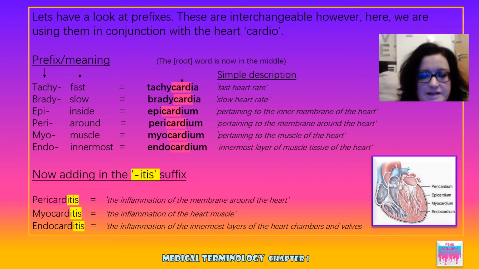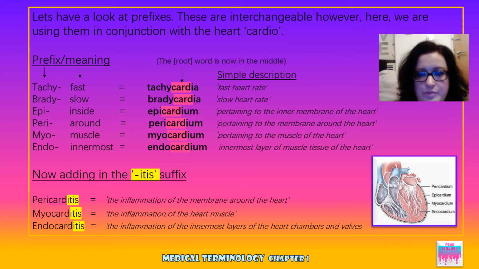Myo, that's actually a slight root word because it's used in conjunction with the muscle, which is seen as an organ. Here, saying myocardium, you're actually talking about the muscle of the heart. So the heart is made up of muscle.